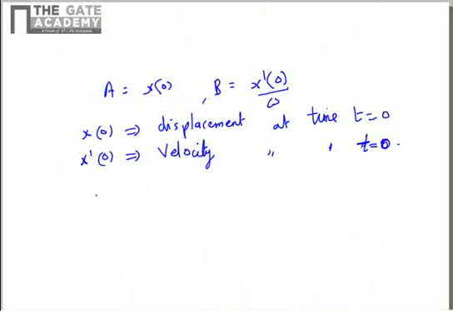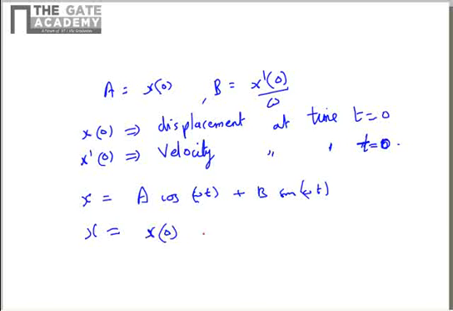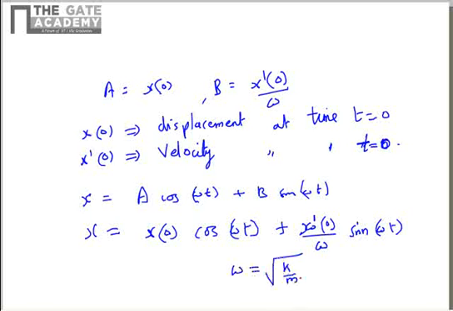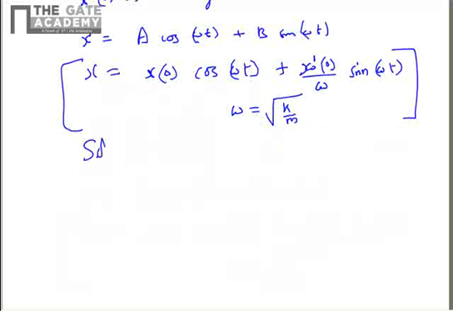So now if you substitute the values of a and b in our final equation, a cos omega t plus b sin omega t, you will get the final solution as x equal to x0 cos omega t plus x dash 0 divided by omega sin omega t, where omega is equal to square root of k by m. So this is your solution for free vibration.